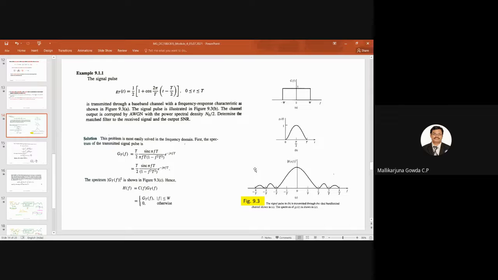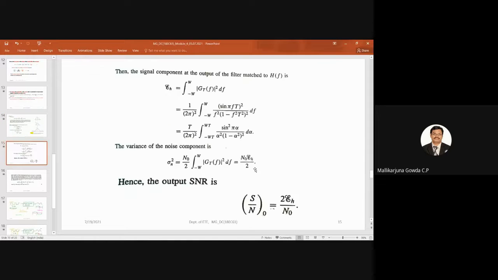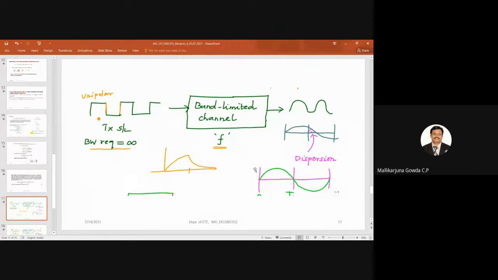Vice versa also: if I have a sinc function in the time domain, its Fourier transform will be a rectangular pulse. That is why there is a restriction on the bandwidth. If the signal is band limited in the time domain, it cannot be band limited in the frequency domain.